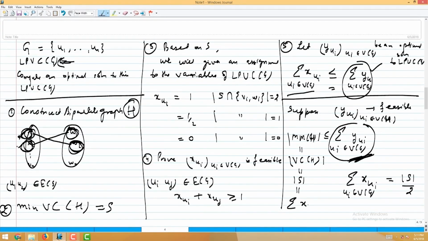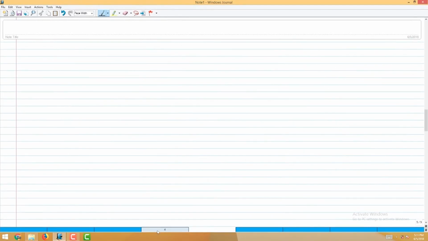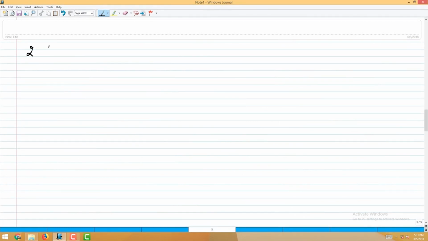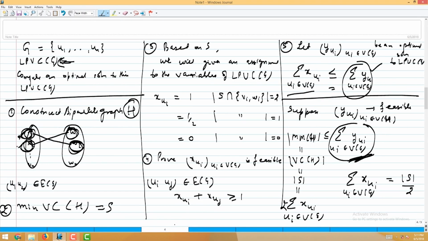So this is indeed true. So what we have actually done is, there is a relation between a feasible solution of H and the maximum matching of H. Because it's a bipartite graph, the maximum matching of H is equal to the vertex cover of the graph. The vertex cover of the graph is S, and the way we have computed our assignment, there is a relation between S and the assignment. And what is the relation? This is equal to twice the size of S. Right?